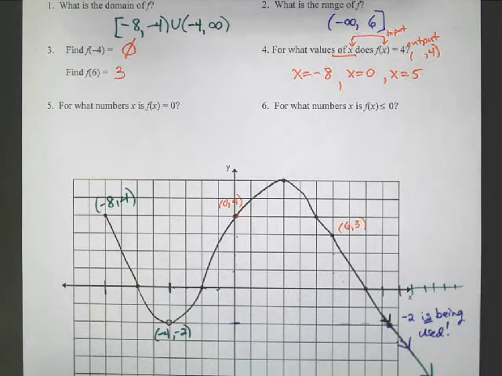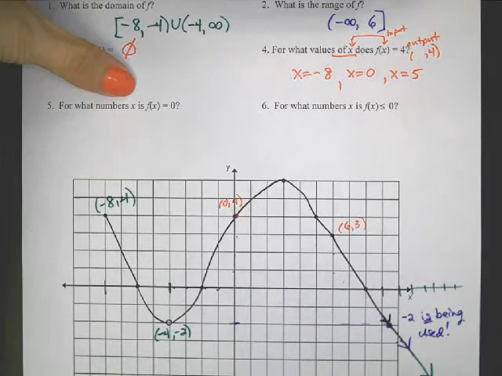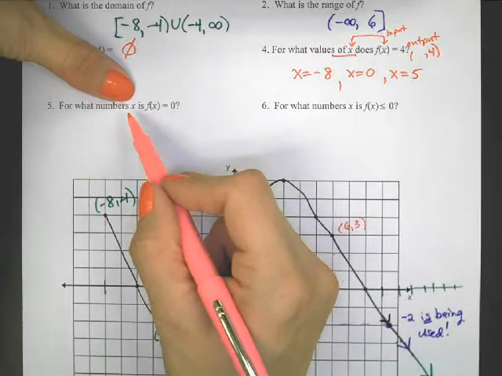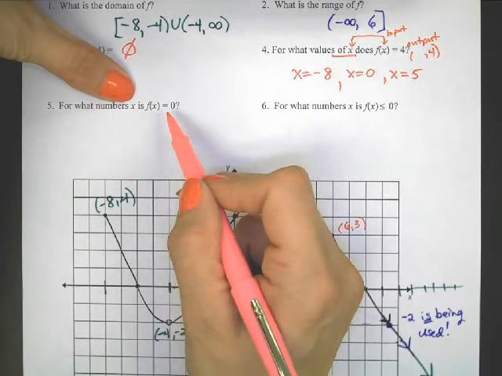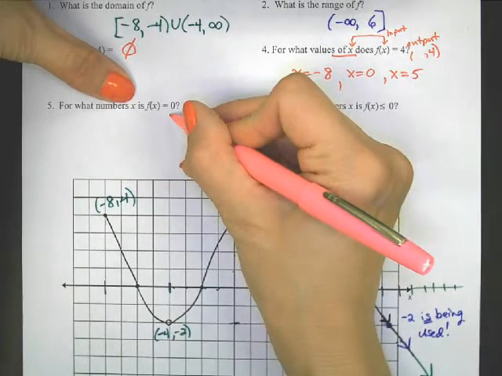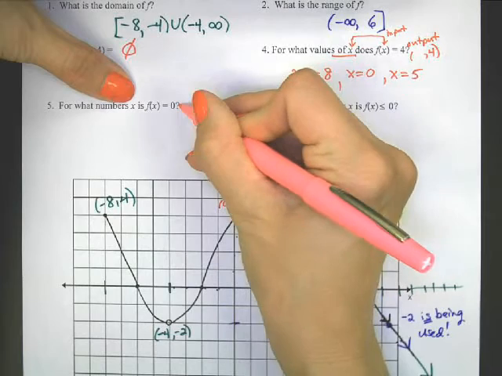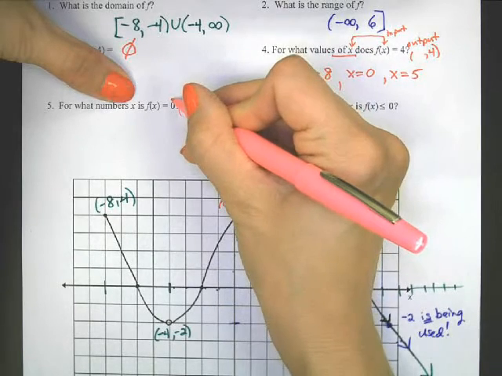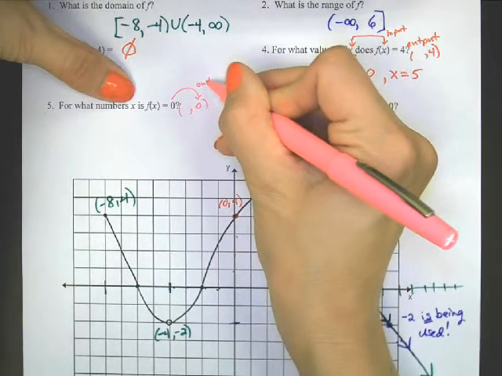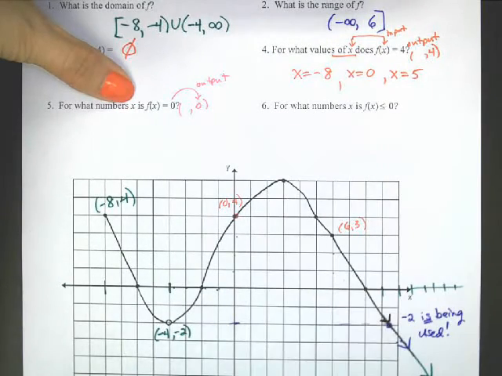Okay, a couple more questions. For what values of x, again we're looking for the x, is f of x 0? So now I'm trying to find where the y is 0. That's the output. Where is f of x touching 0?